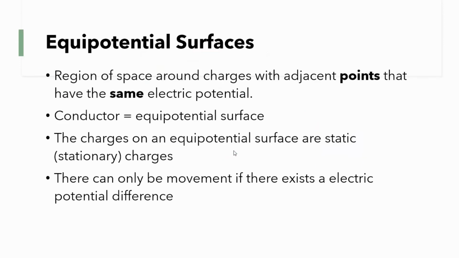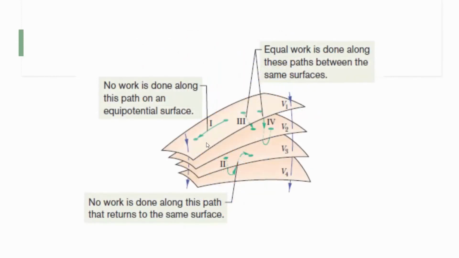Equipotential surfaces. So, medyo maraming tanong regarding this. Region of space around charges with adjacent points that have the same electric potential. So, kunyari, equipotential surface tong sheet na ito. Kung ano yung potential at this point, yun din yung potential at this point.